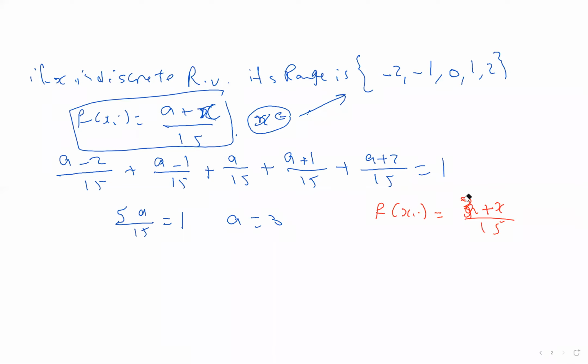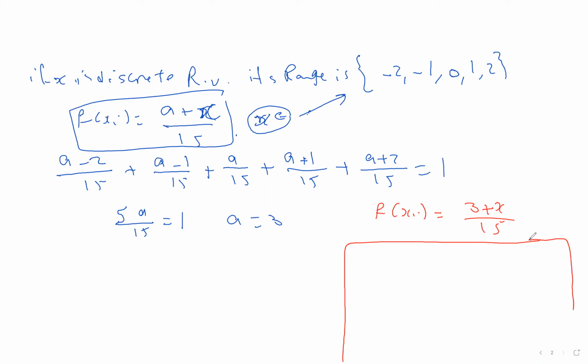So again, when we found the value of a, we can substitute in the original function, then the function will be f of xi equals 3 plus x divided by 15.